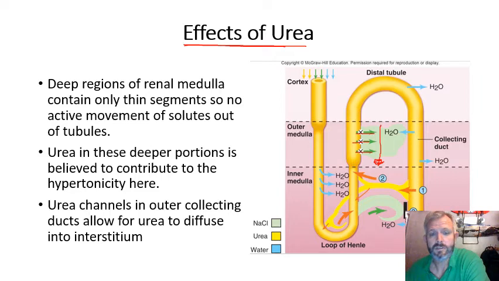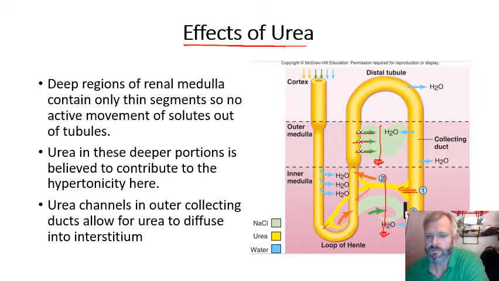But one of those solutes that is leaving through the collecting duct is urea. It's believed that in the deeper portions urea is allowed to leave the collecting duct, and its accumulation here will further increase the osmolarity.